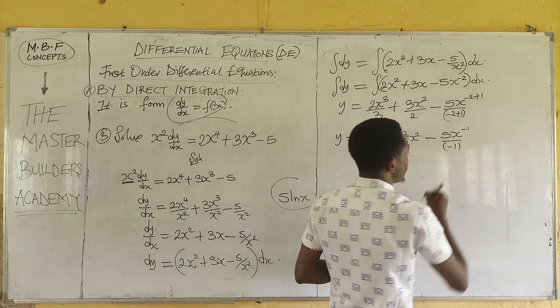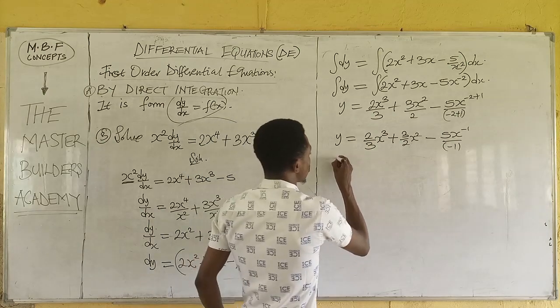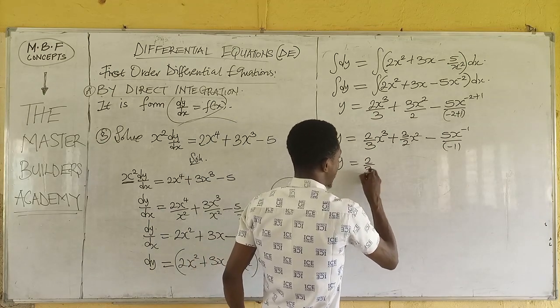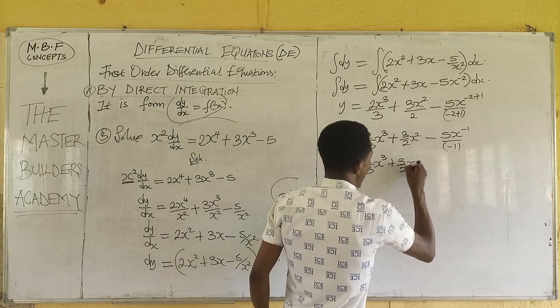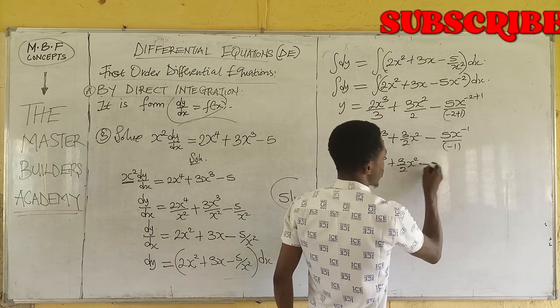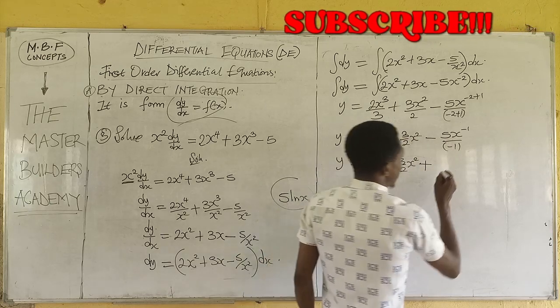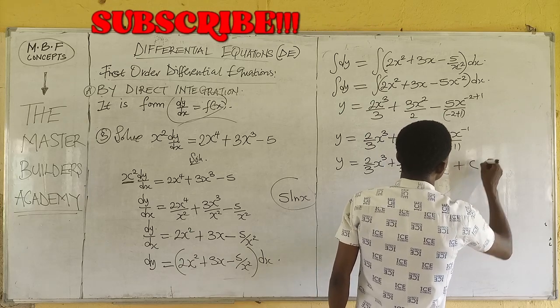This is what we have at the denominator and at the numerator. Now the next thing we are going to do is to have this as 2 over 3 x to the power 3 plus 3 over 2 x to the power 2. Now minus divided by minus will turn plus, guys. Then 5 over x plus c.